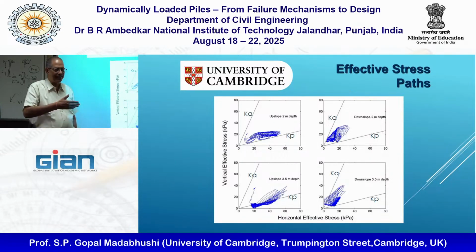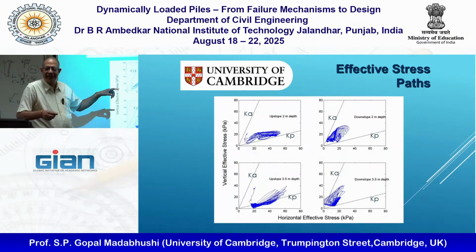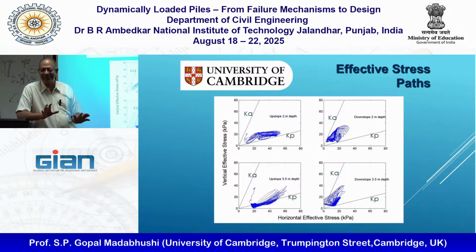If you have laterally spreading soil in Plaxis and say, next to my pile, give me the stress path, now you know where they should be. Upslope, it should be close to Kp. Downslope, it should be almost equal between Ka and Kp. If that pattern is not there, then there's something funky going on in your code.